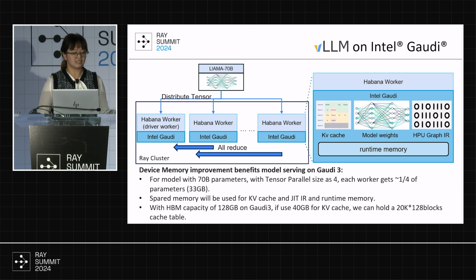What does that mean? That means we can host at least 20,000 cache blocks with 128 tokens each. This is a very big KV cache, so we can host a lot of previous attention KV values, so we don't need to recompute them.